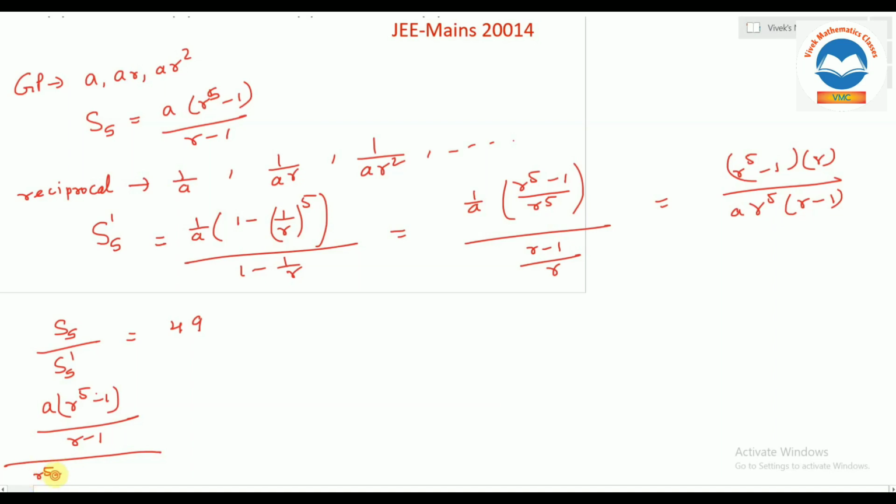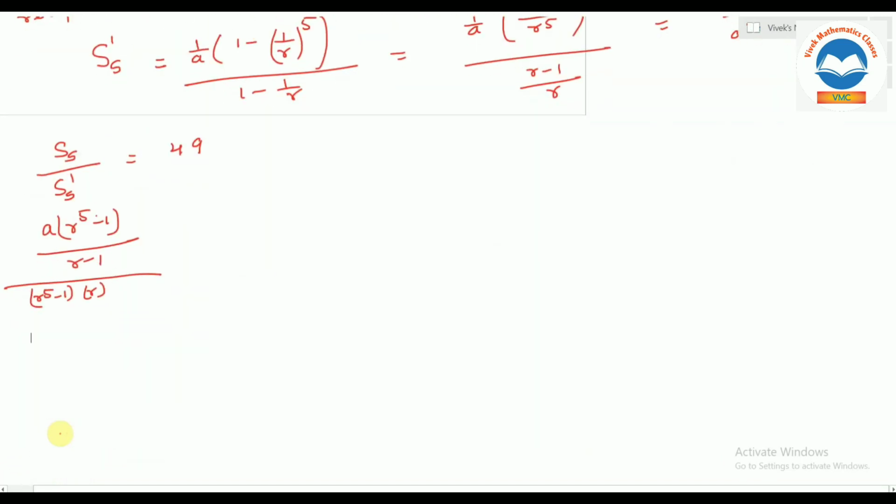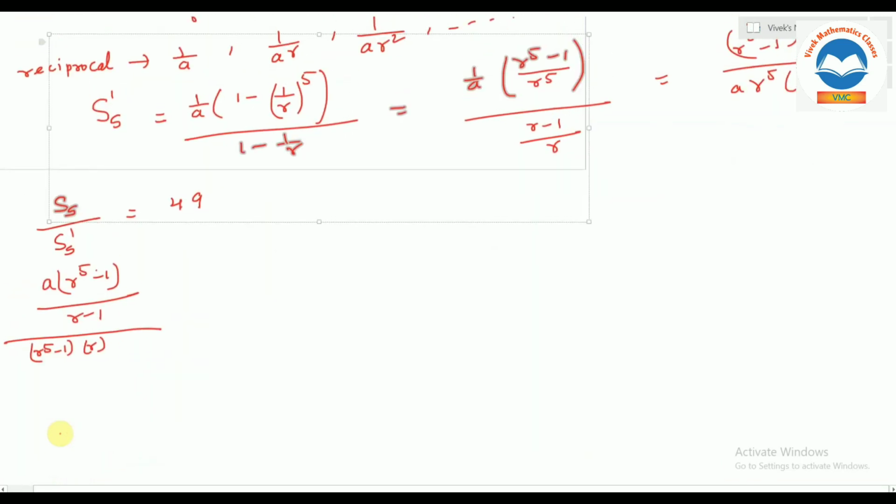We are getting r to the power 5 minus 1 into r, again divided by a r to the power 5 into r minus 1. This ratio we are getting as 49.